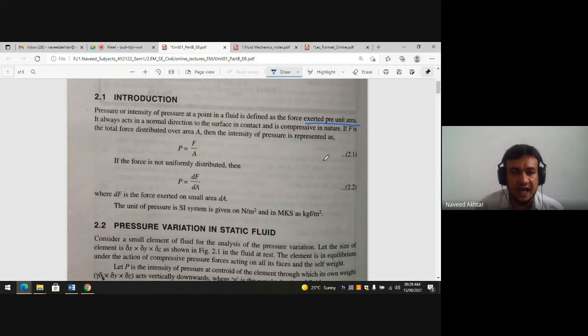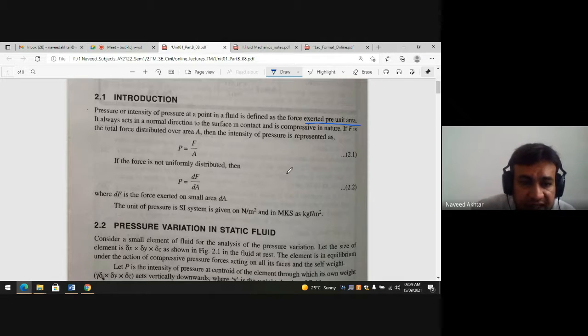It always acts in a normal direction to the surface in contact. We will see the example later on. It is always compressive in nature. We know that our column also has a compression force, a pressure. That's why we call it a compression member, the column.